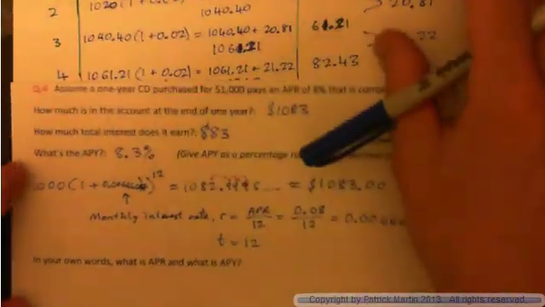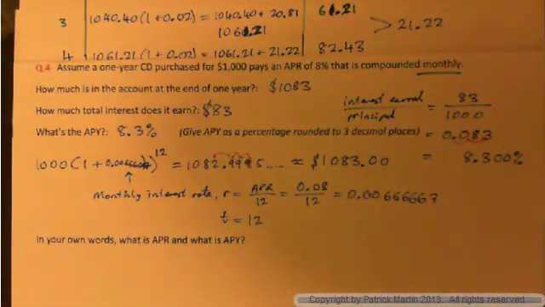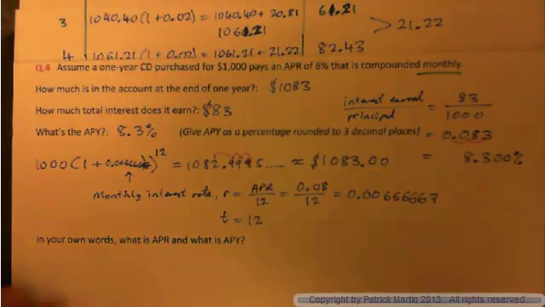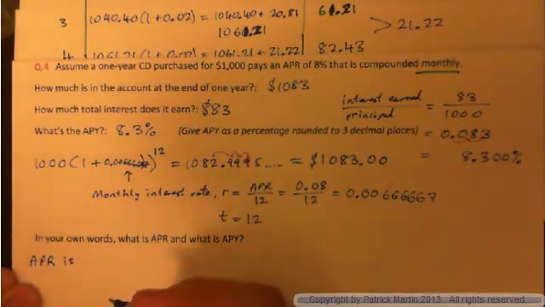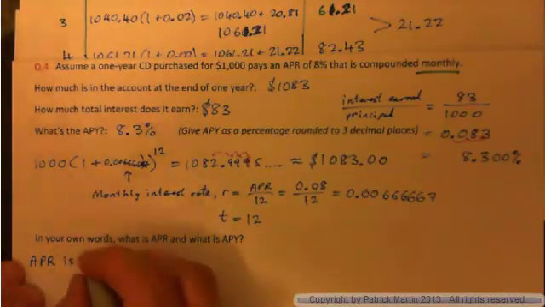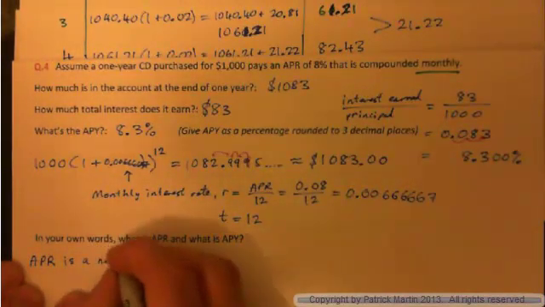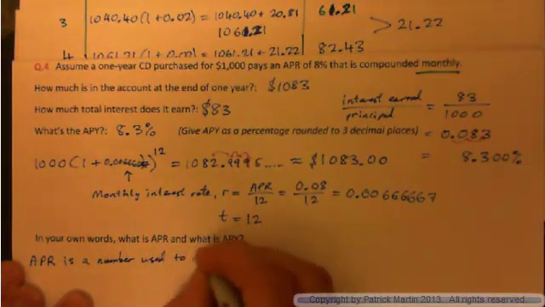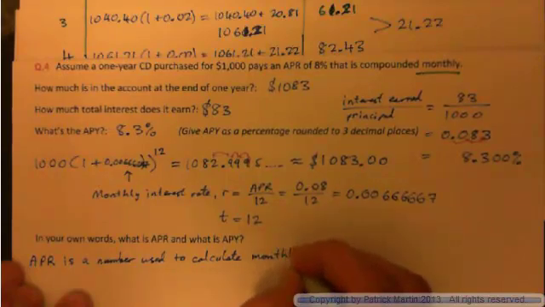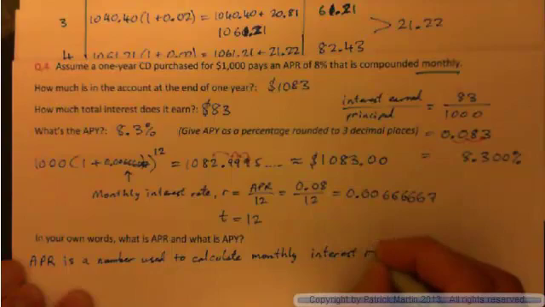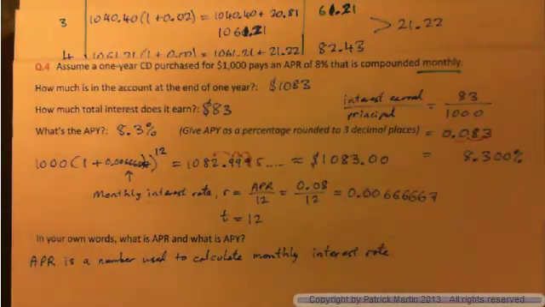So in your own words, what is APR and what is APY? So in my words, how I like to remember it is I just say the annual percentage rate is simply a number used to calculate the monthly interest rate, basically, and then you need the monthly interest rate to actually get the answer.